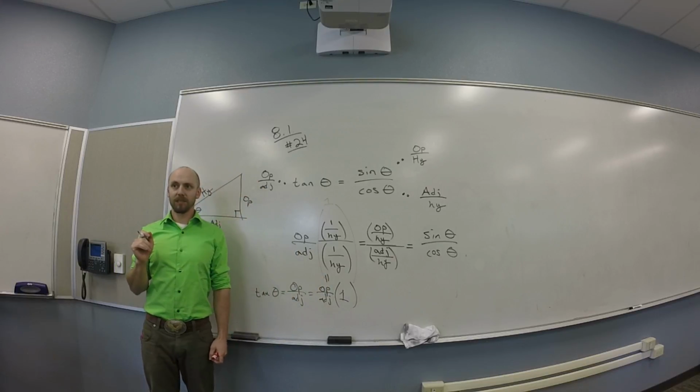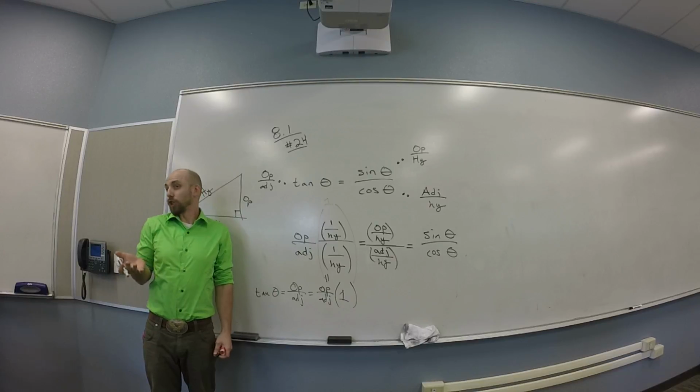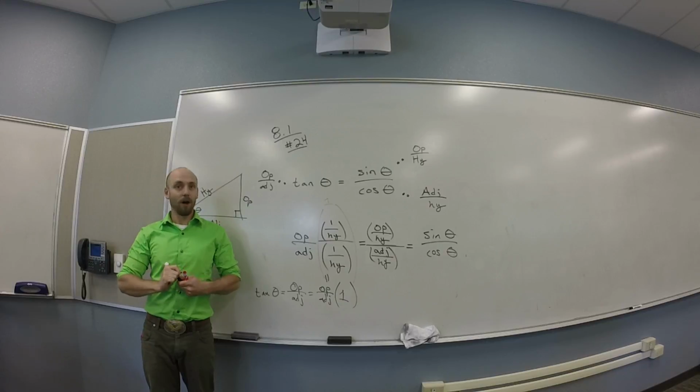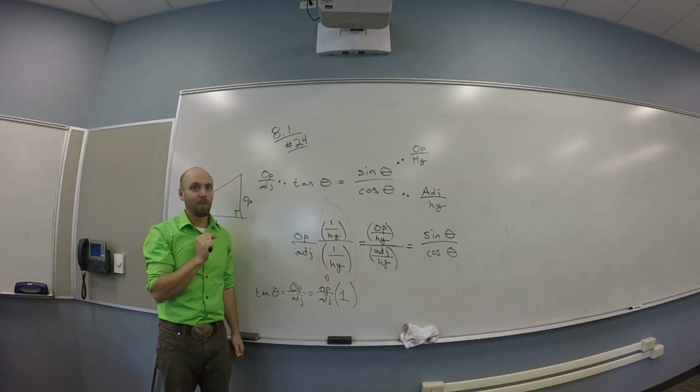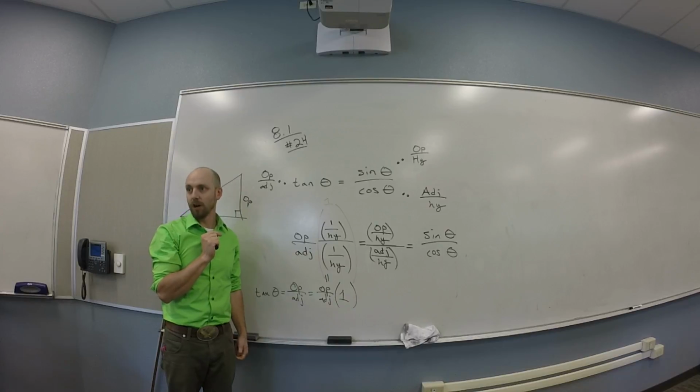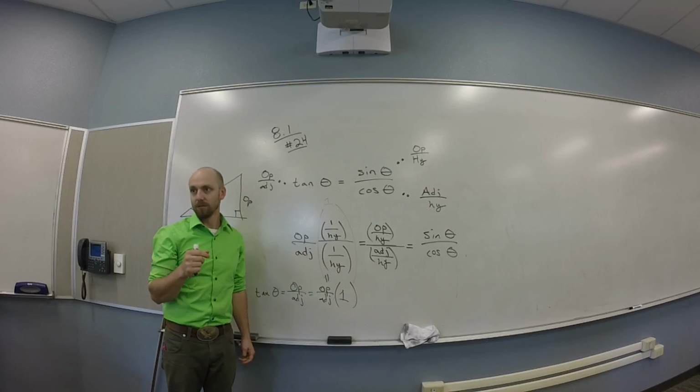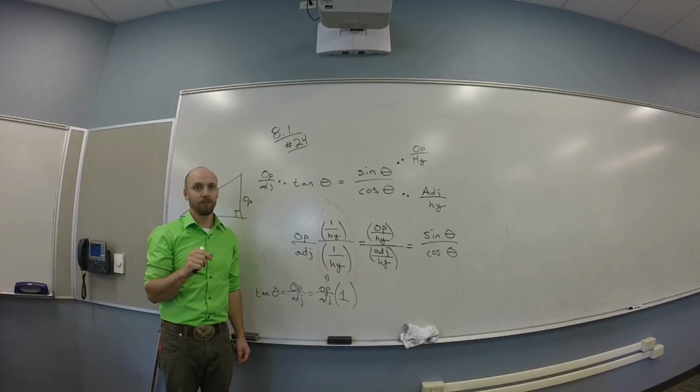Does that make sense? Like really, I'm just multiplying by 1, which I'm allowed to do. As long as the hypotenuse isn't 0, this is definitely 1. If the hypotenuse is 0, this is a weird triangle. Guys see that? Cool? Questions?